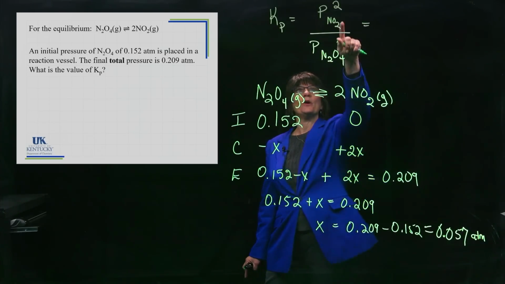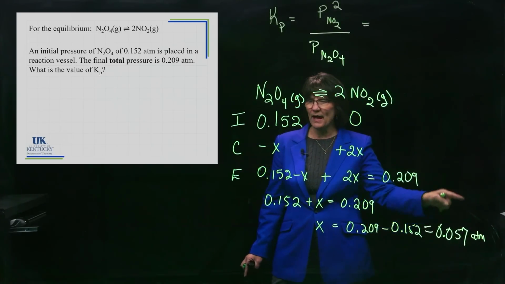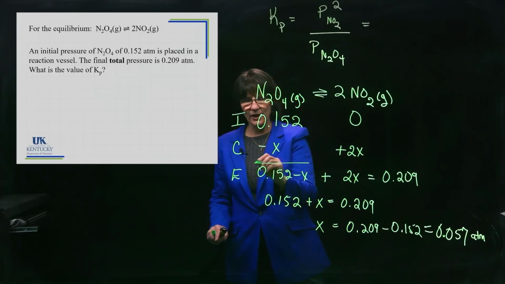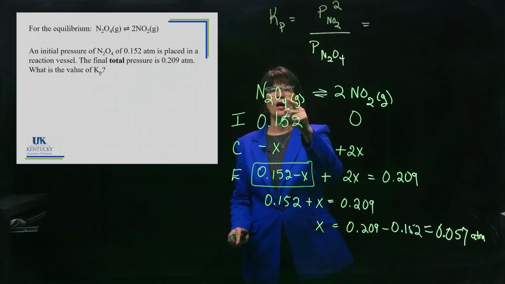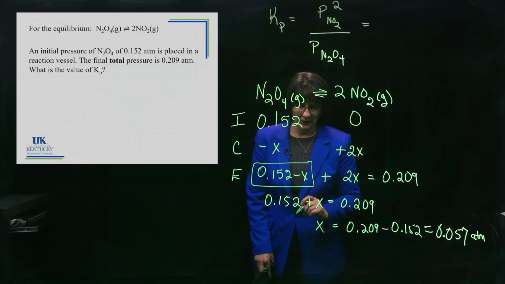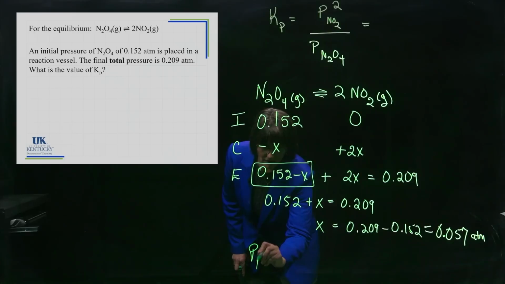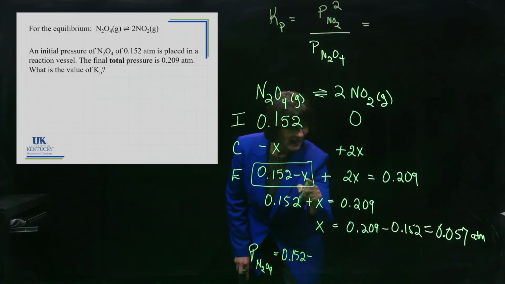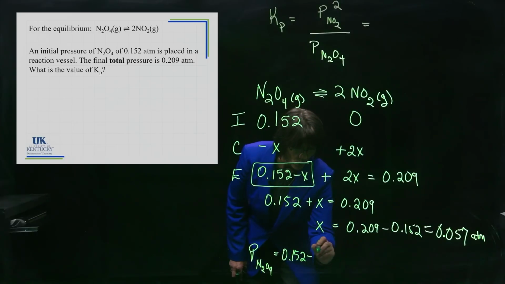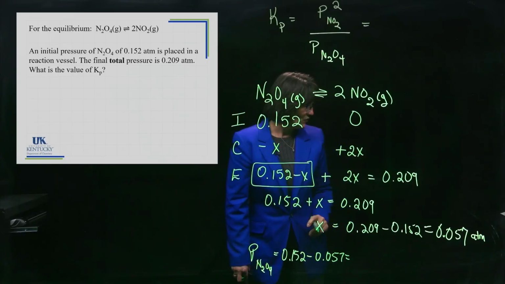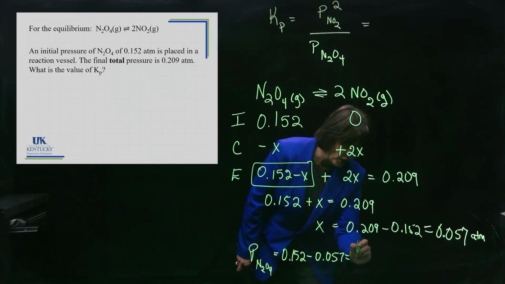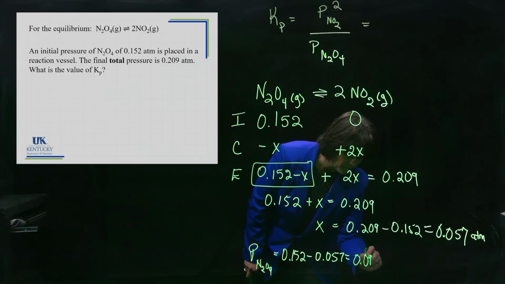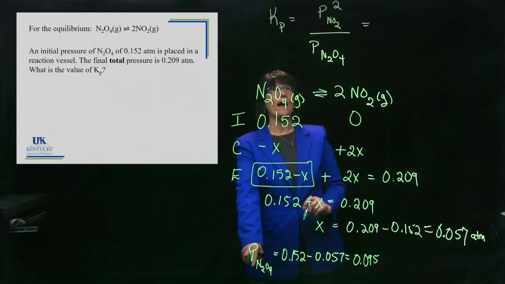Now, what do I do next? I need to know the pressure of these two guys. So I'm going to go to my E line and right here be able to get the pressure of N2O4 at equilibrium. So the pressure of N2O4 at equilibrium would be 0.152 minus X, which I established was 0.057. That is going to give me a pressure of 0.095. Okay, so why did I want to know that?